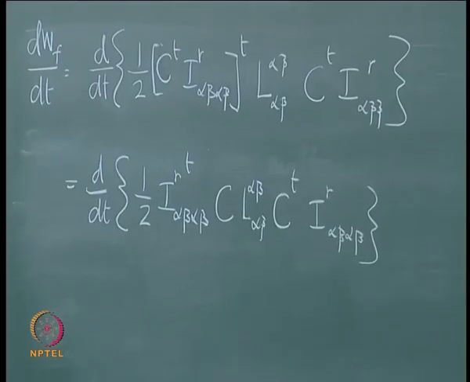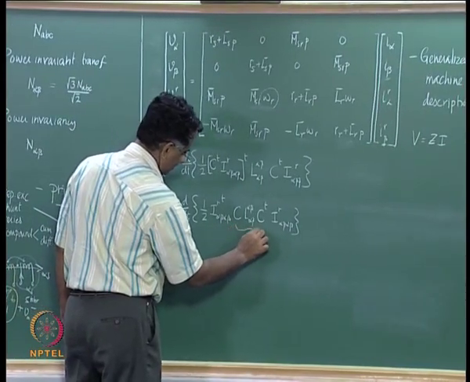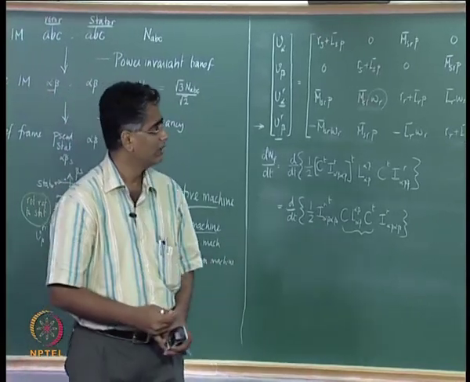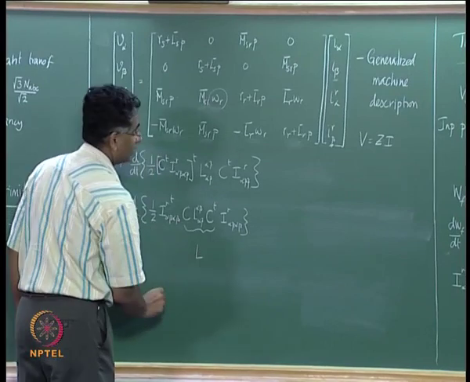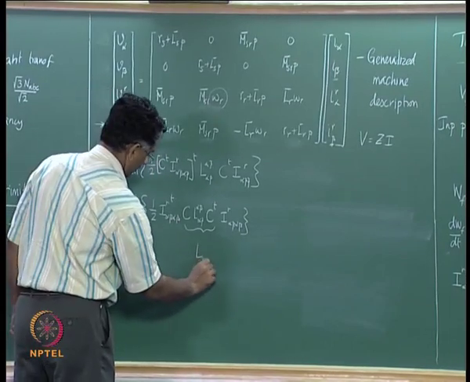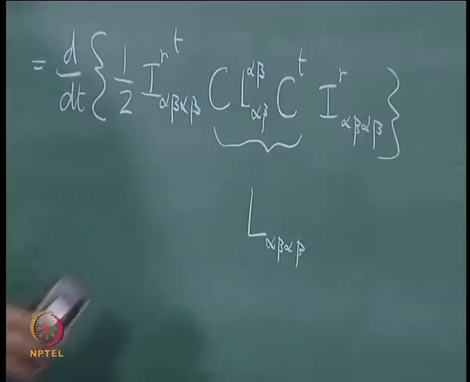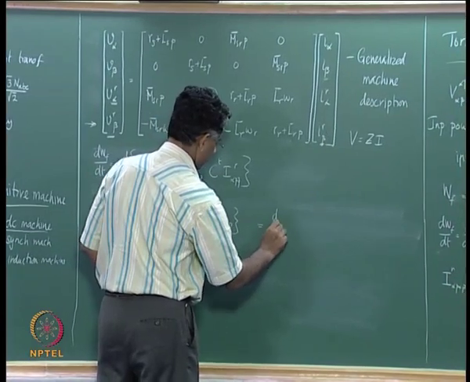Now in this expression we have seen in the last lecture that this term C L C transpose is the same as L alpha beta, and therefore we can write this as d by dt.